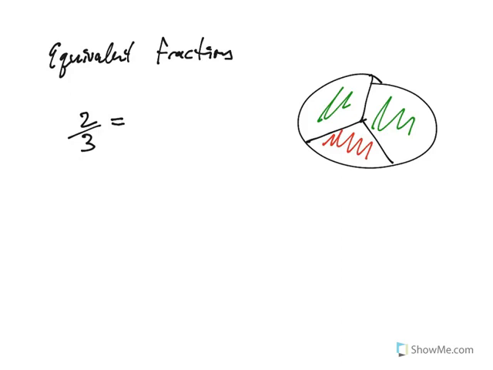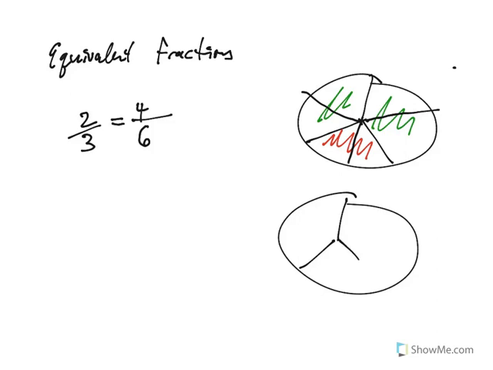And say I actually have more than 3 people, so I want to make it into a different denominator. Well, I can take each slice and cut it up into 2 pieces. So now the total number of pieces is 6, it doubled, whereas the number of green slices has doubled also to 4. So 2/3 and 4/6 are equivalent fractions.